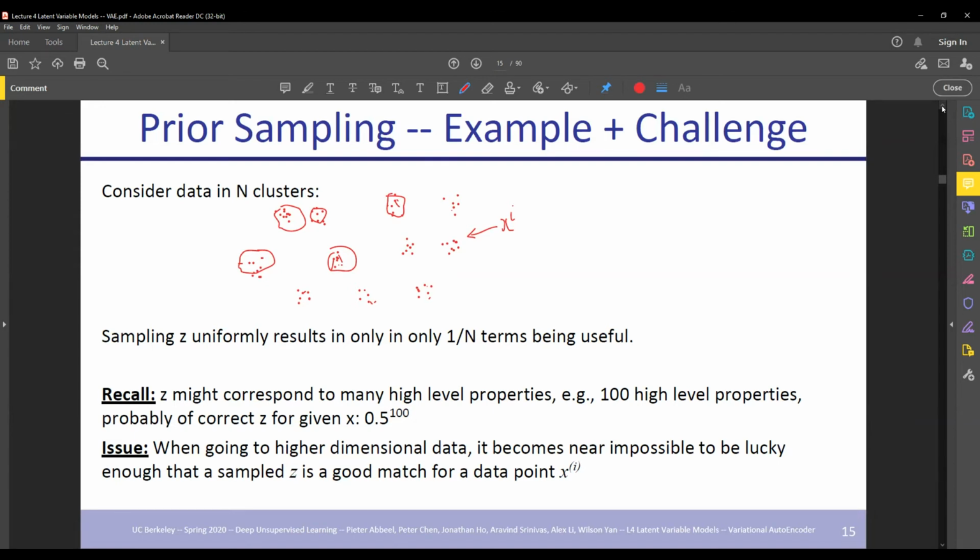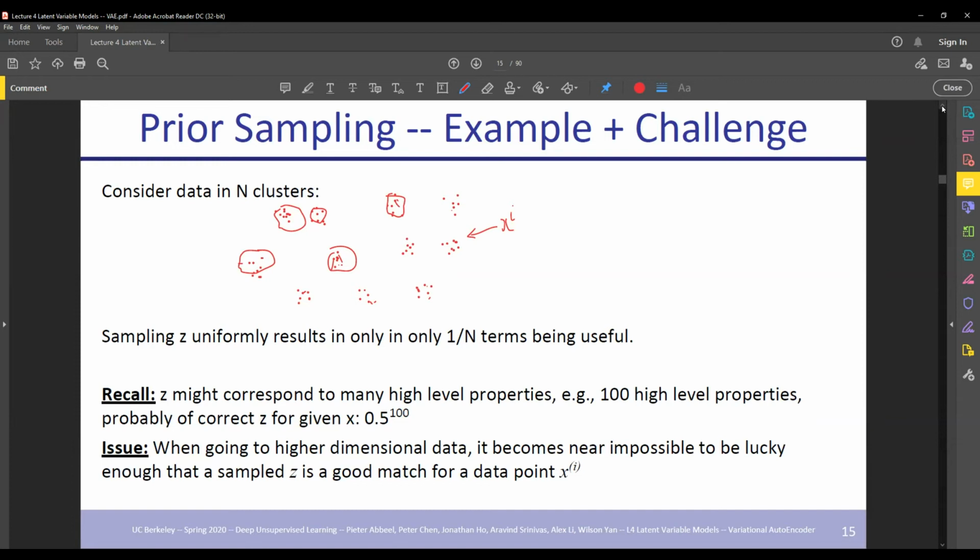Then we went to prior sampling. The flaw with prior sampling is that in very high dimensions, the useful signal we get to learn from is very small to non-existent. That is, most of our prior samples will turn out to be 0.